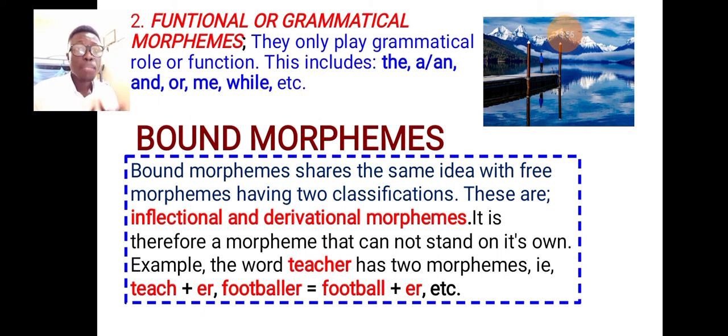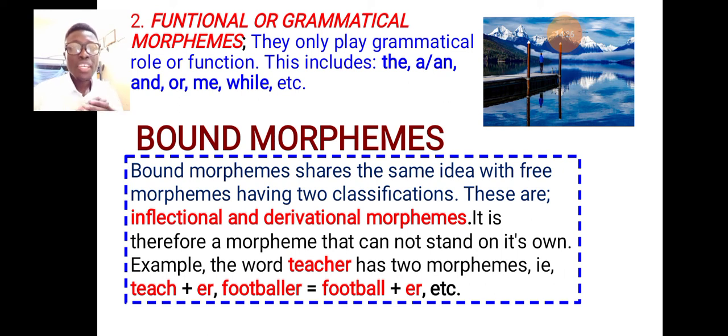Examples: they, and, or, me, while, because. These are functional words, or functional or grammatical morphemes. We are saying that they are functional or grammatical morphemes because they have to be what?